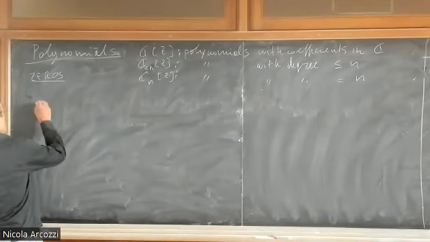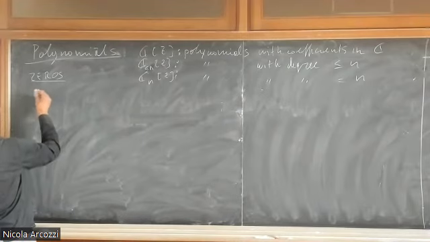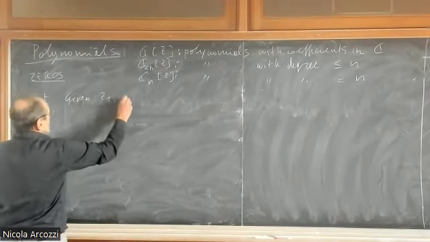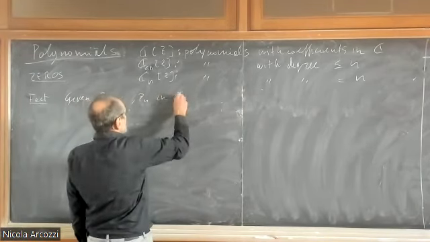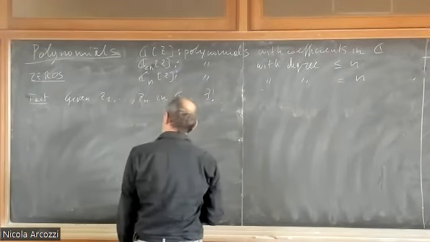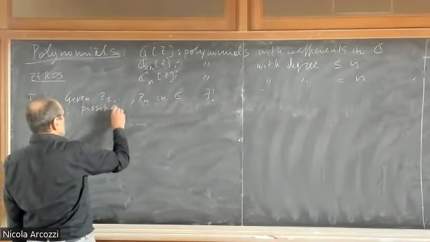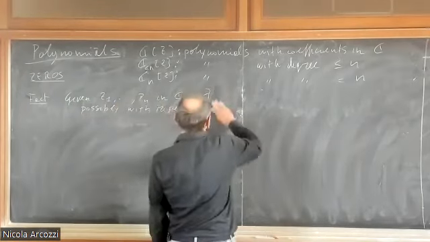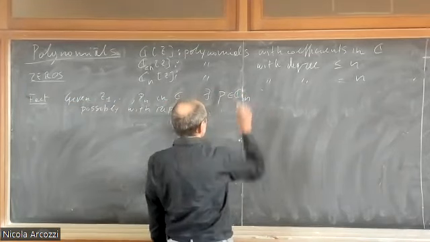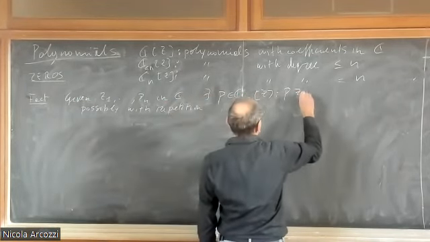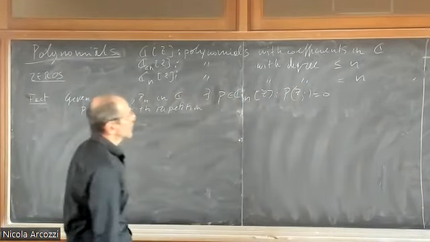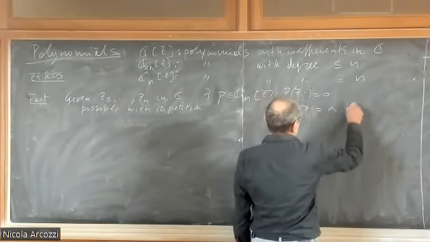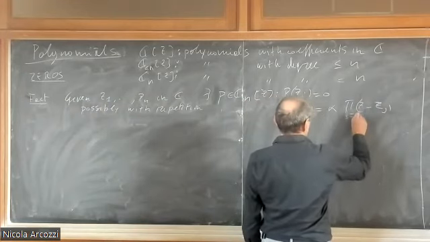Given n complex numbers, possibly with repetition, there exists a polynomial of degree exactly n vanishing at them, and all such polynomials are of this form.